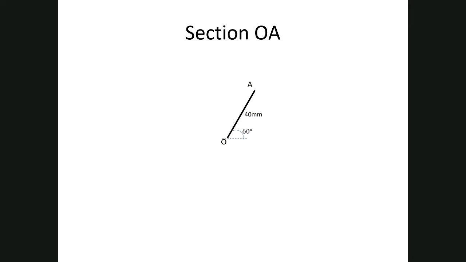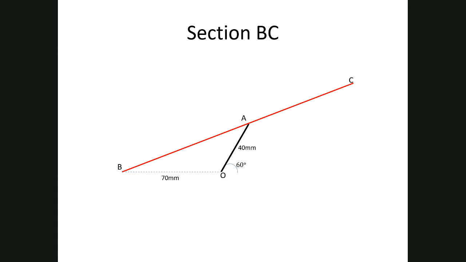We now add bar BC in and we get this. So point A is somewhere along the middle of this bar, but we don't know where. We will need to know that distance to complete this task, and we'll be working that out momentarily.